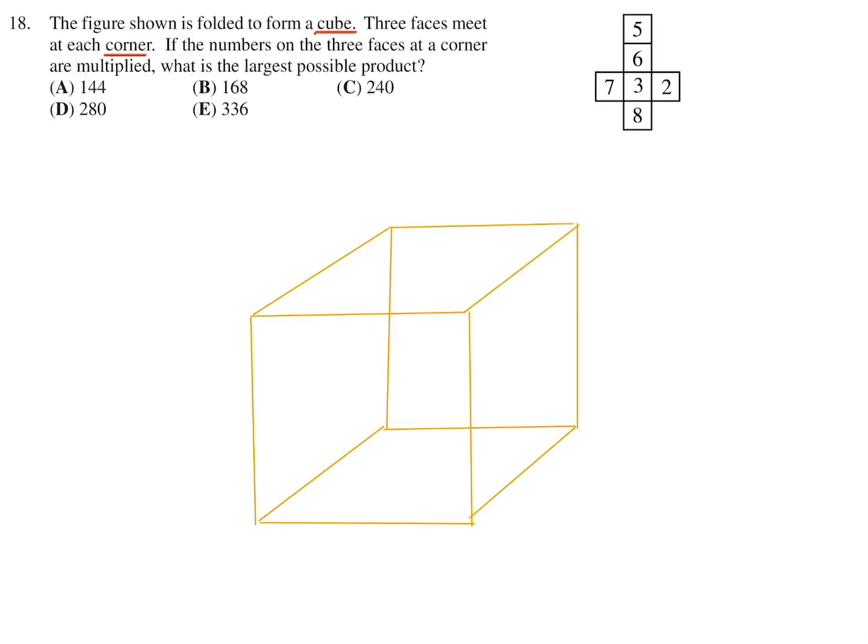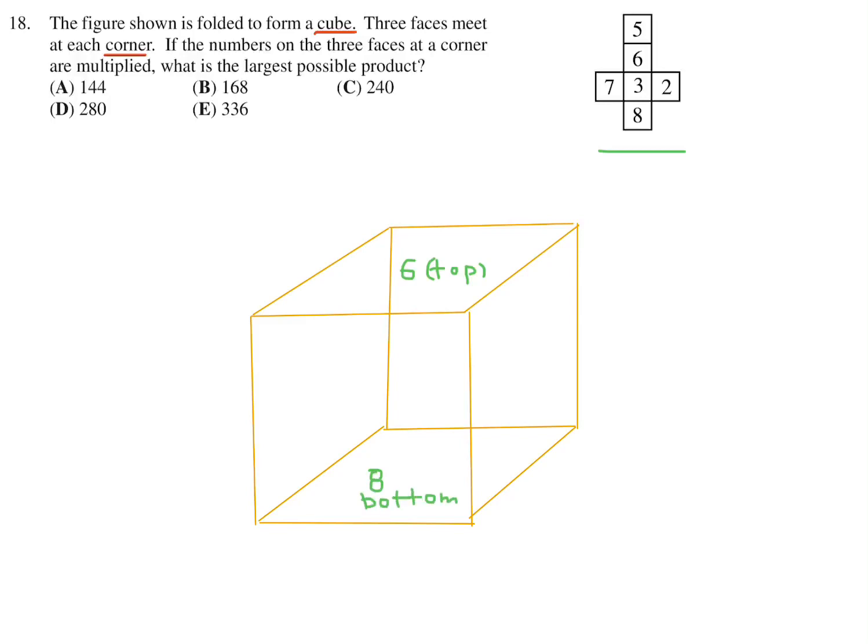All right, here's our cube, and I'm going to label the sides. So we'll make 6 the top right here, and I'll even write that there so there's no confusion. And looking at this diagram, that means 8 will be the bottom, so I'll put that there.